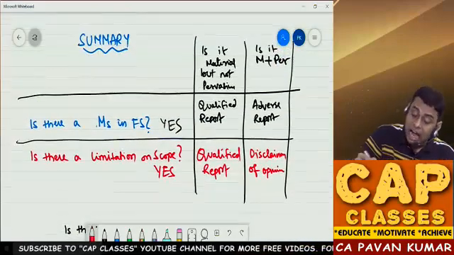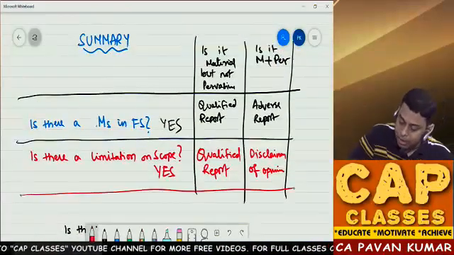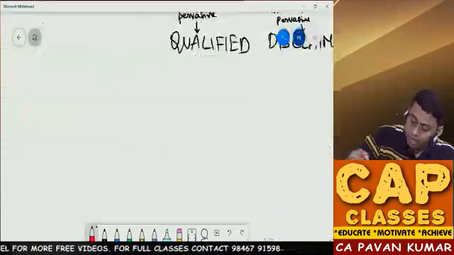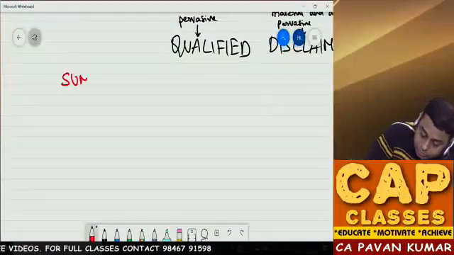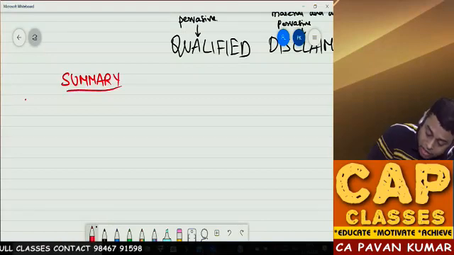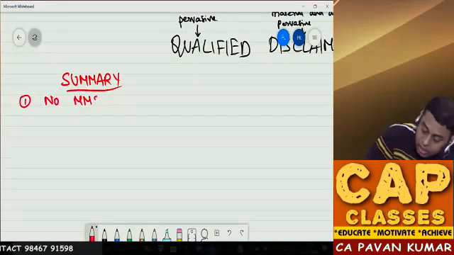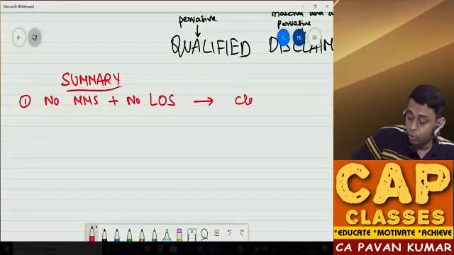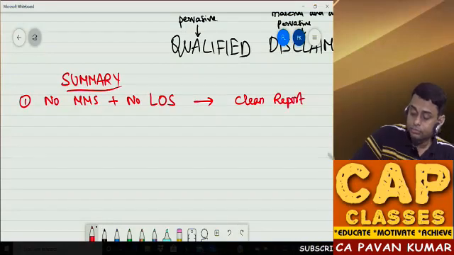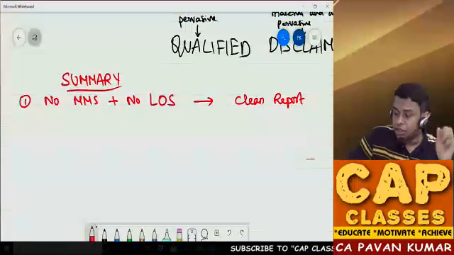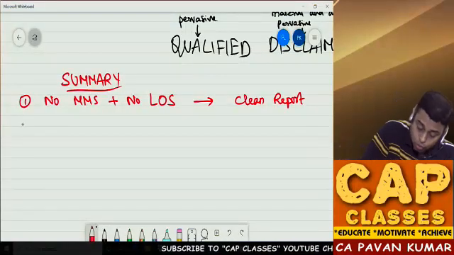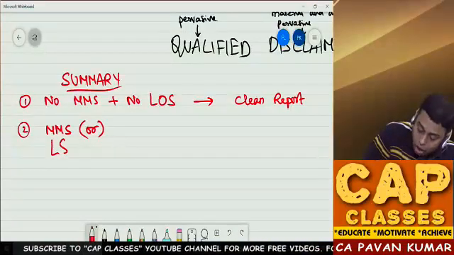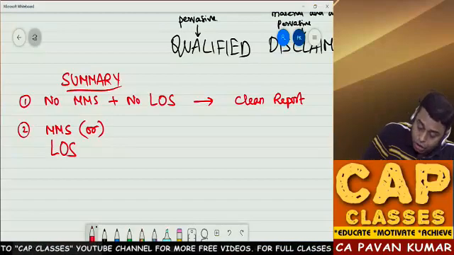Now let us understand this table in a better way. If you understand this table, the standard is over. Now let me put it in a different way. The summary: 1, no material misstatement and no limitation on scope, then you give a clean report. 2, material misstatement or limitation on scope.